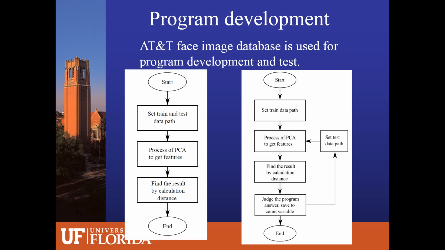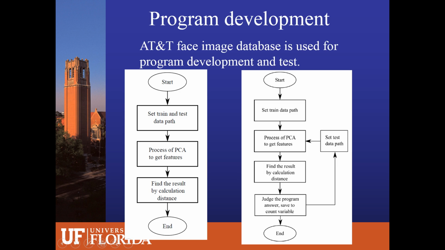Next I will talk about the program development. I wrote my program in MATLAB, and the AT&T face image database is used for program development and all the tests. Simply, I have two programs. The first one only tests one testing image, but usually one image cannot really show the performance. So I wrote another program which can test a series of different testing images.